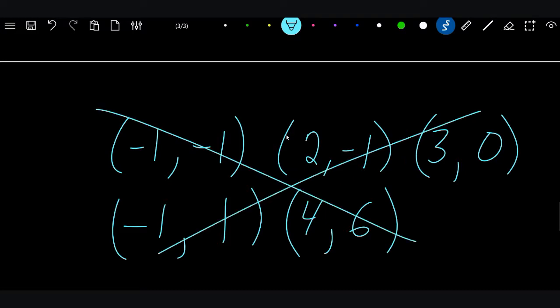The answer is no, that is not a function. Okay? All right. Well, that is the lesson for today. Basically, today you're going to be identifying function yes or no. If it is a function, then it has one output. If it's not a function, then it has two or more outputs, two or more y values, if you will.